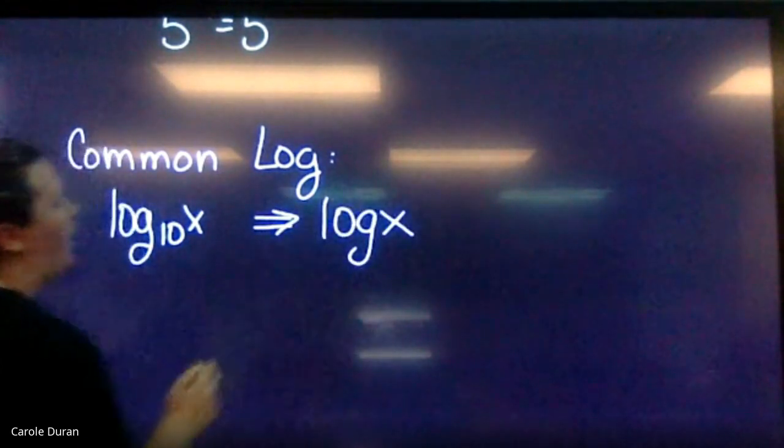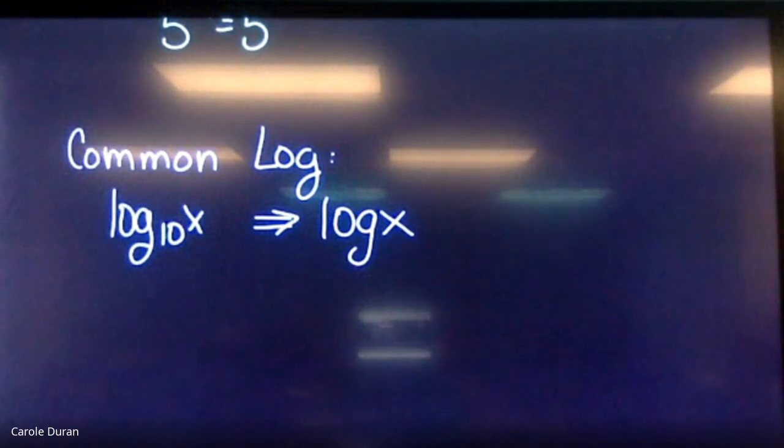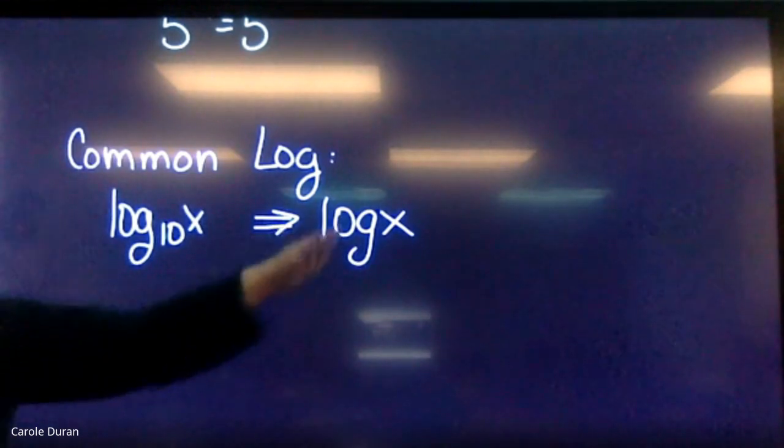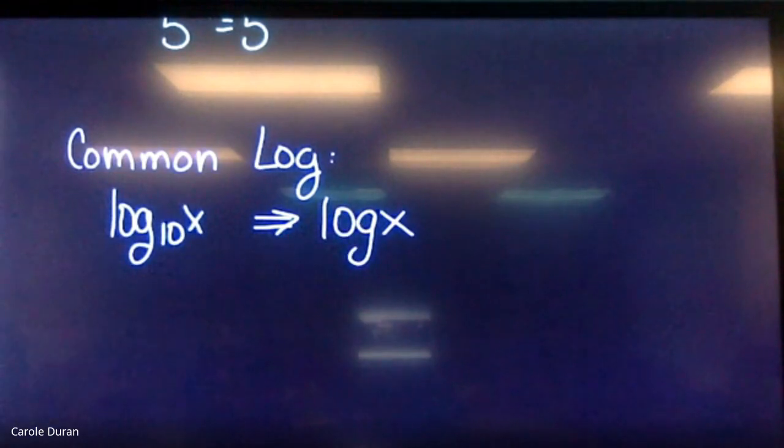So if you see log of some number and there's no base, that means it's base 10. This is the number system that we count with, or that we deal with in everyday life, which is why it's called our common log, because it's the most widely used. So common log is base 10, or it could just be log of some number, which we assume just means it's base 10. The next one is called our natural log.